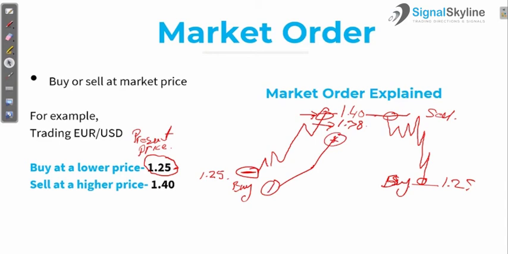You click sell on the market price and buy back when it comes down to your price, which is 1.25. That's just an example. If you're trading any other pair, obviously you go accordingly. The market price, simply, I'm saying that again: enter whatever the market price is and exit whatever the market price is. Now, let's see the stop order.